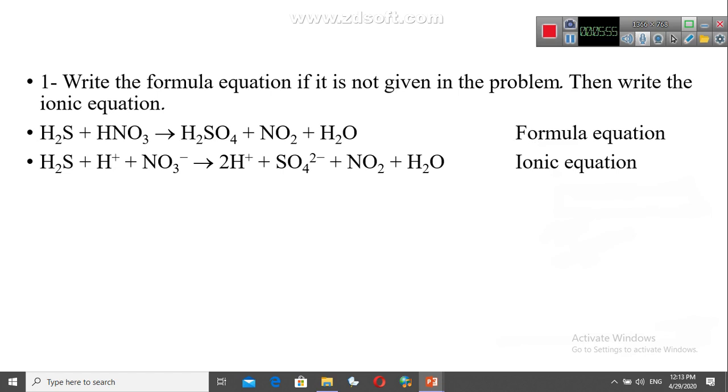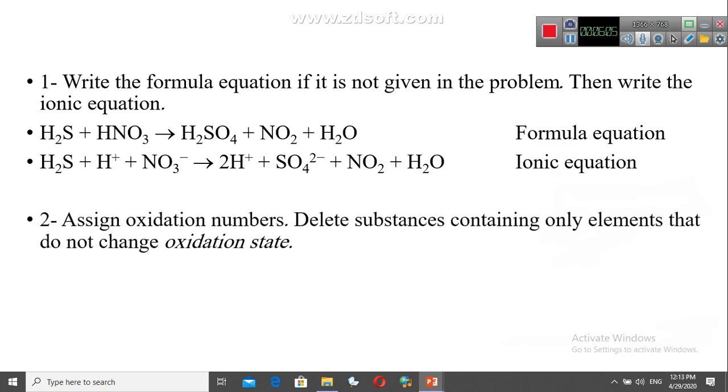Then we write above each atom or polyatomic ion its charge. Then in step number 2, assign oxidation numbers. Delete the substances containing only elements that do not change oxidation state.